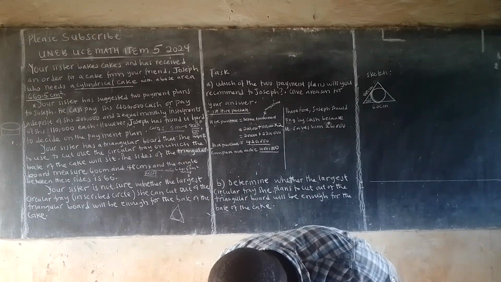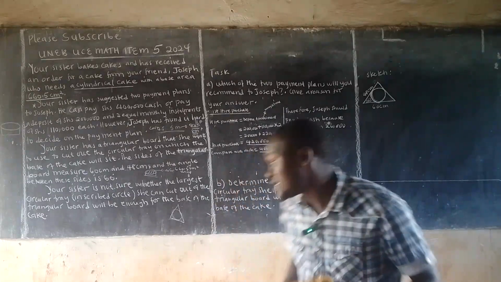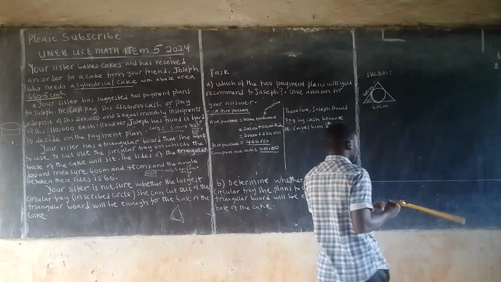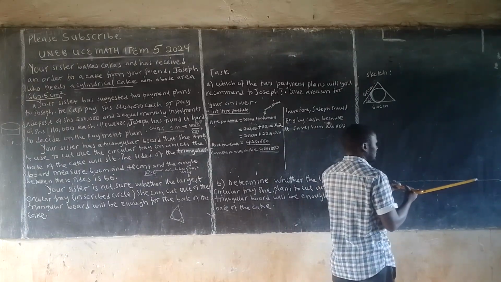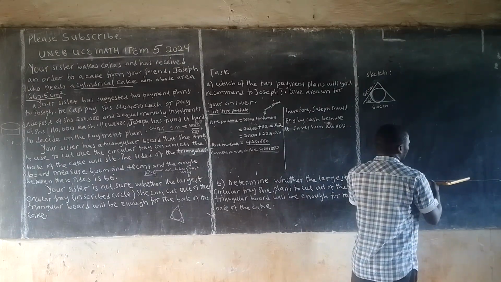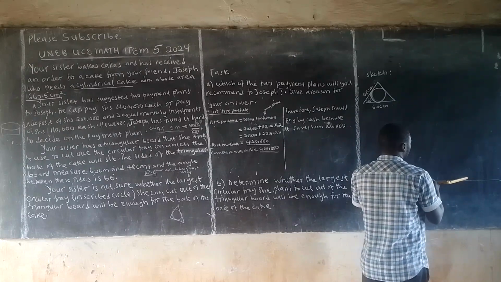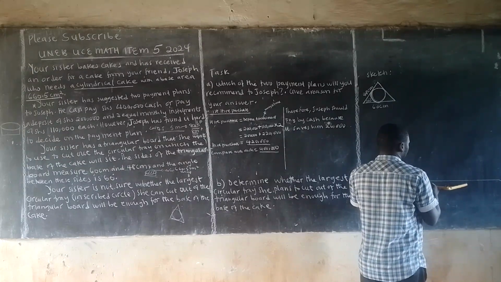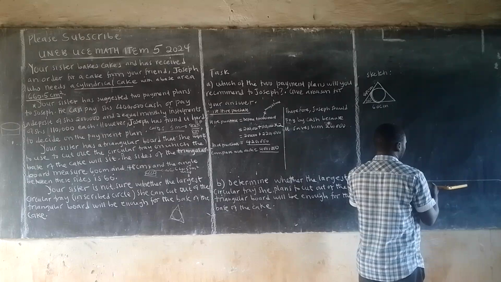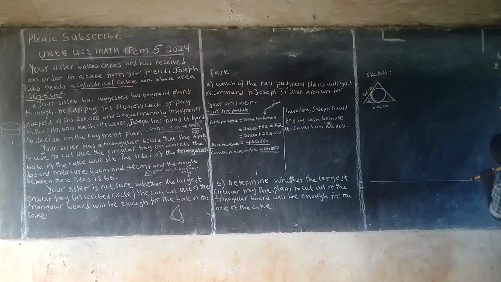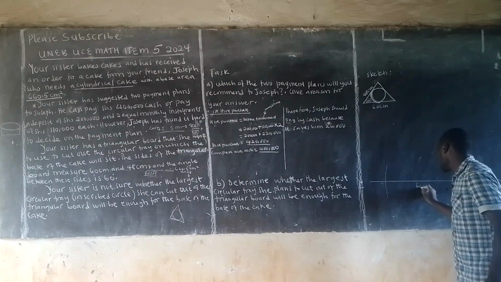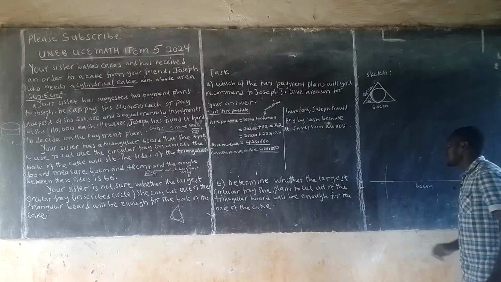All right, here we are. I've measured the 60, and now my 60 will be here. It will be a bit big. Put a marking there, then come and put a marking here. So we know that this one here is 60 centimeters.